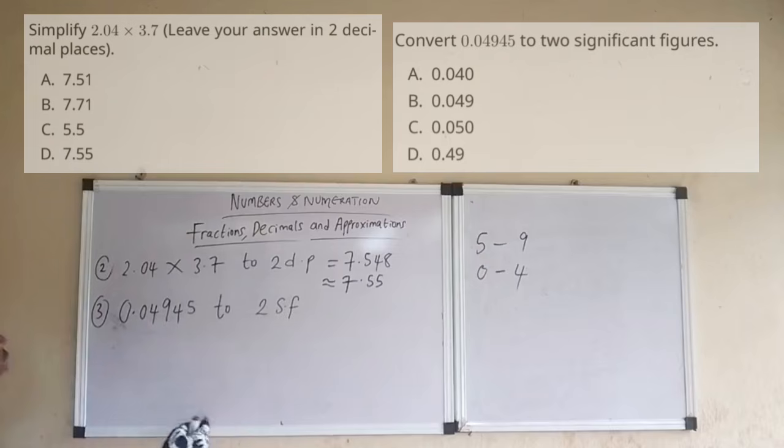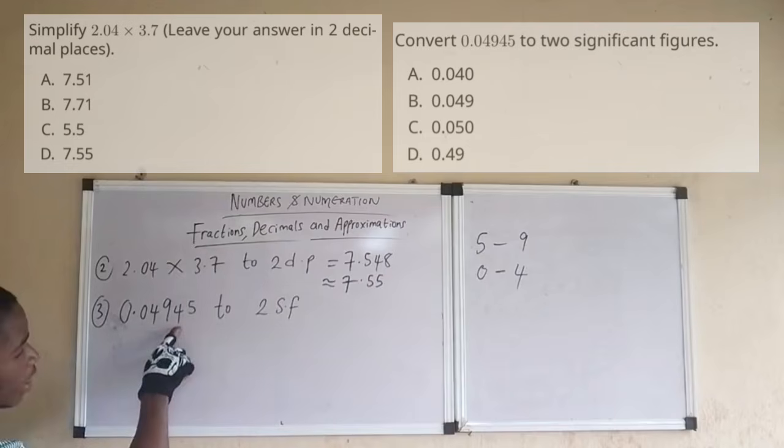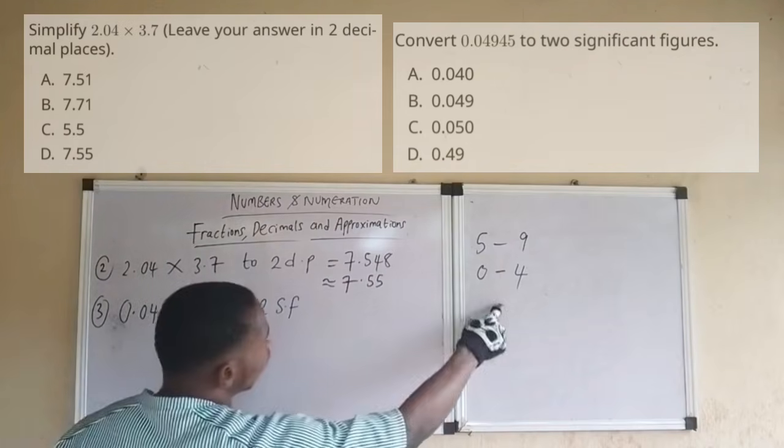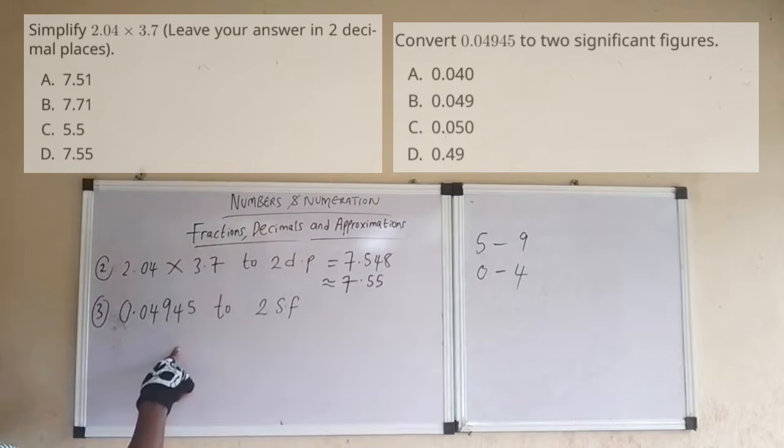So to 2 SF, we are having 0.049. The first two significant figures here are 4 and 9. Do you understand? To 2 SF, you also have to consider the next number that comes after the two significant figures, which in this case is 4. If that number falls within the range of 0 to 4, you round down. Meaning this number just becomes 0.